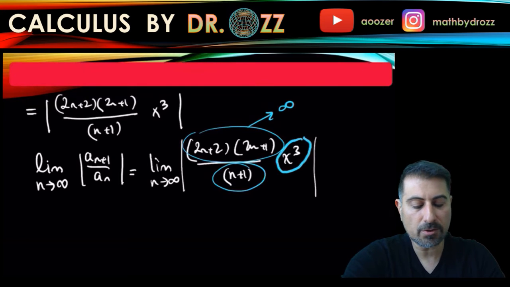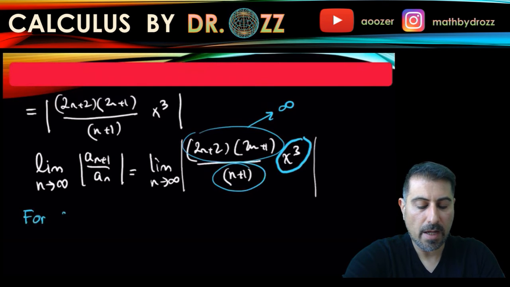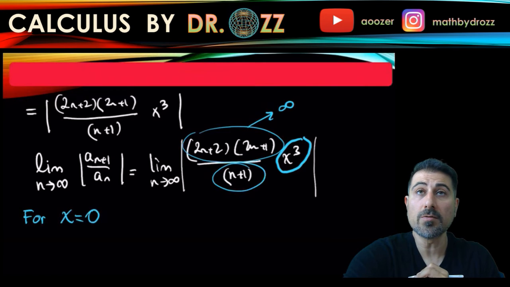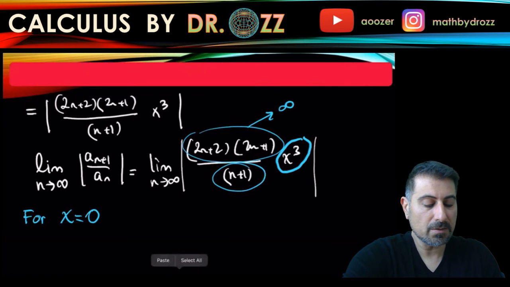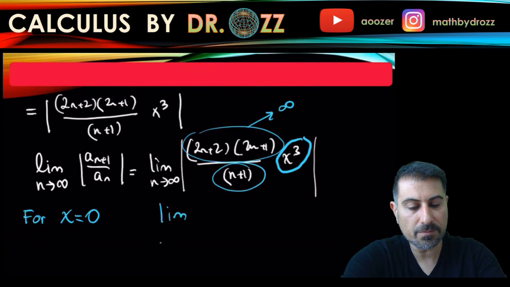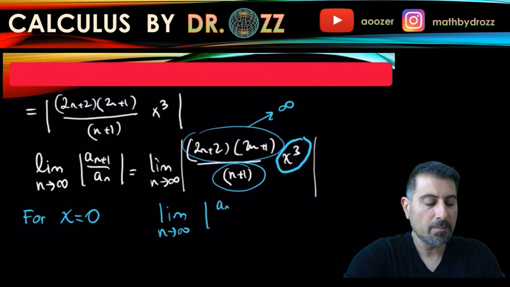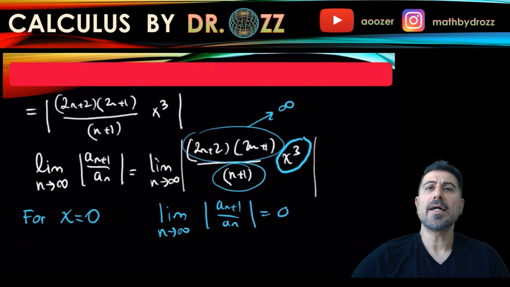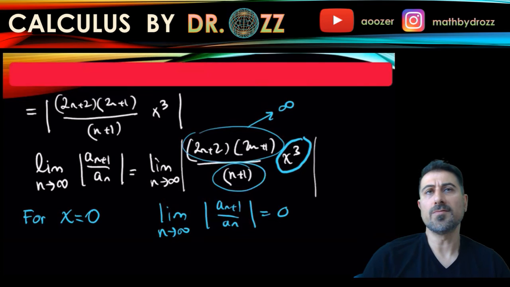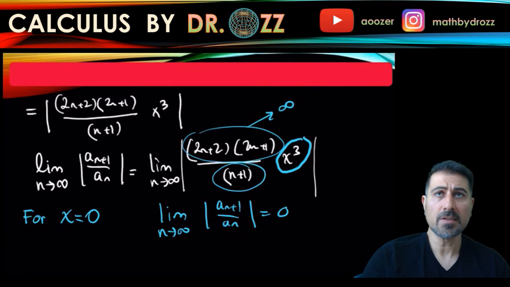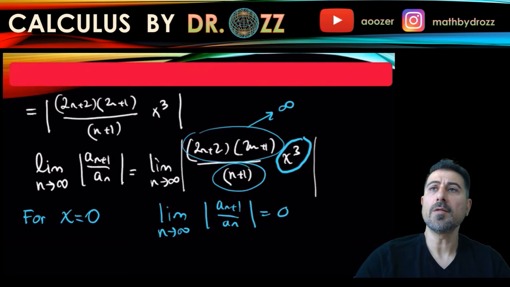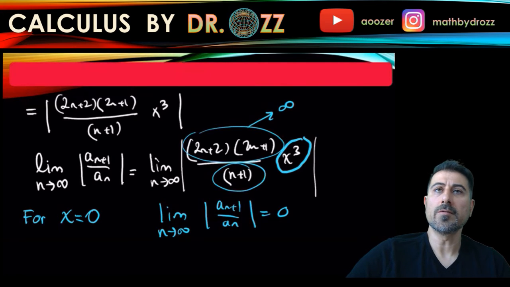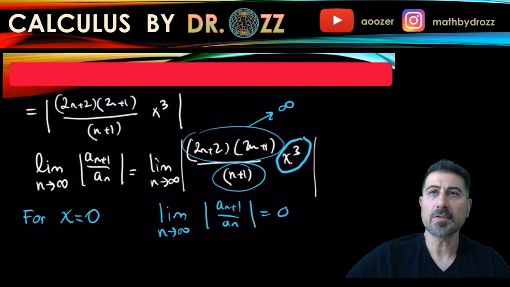Right. If I choose x to be specifically equal to 0, then this limit is going to be 0. The limit of a_(n+1) over a_n is equal to 0. And any other finite number that I pick for x, like 1, 2, 3, 4, 5, is going to make this limit go to infinity, and when the limit is greater than 1 or infinity, the ratio test says it's divergent.